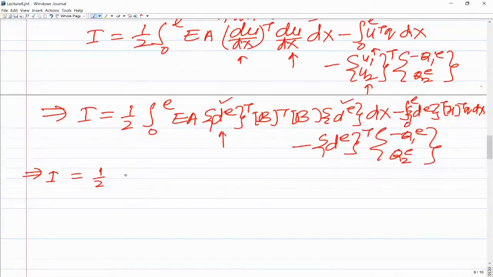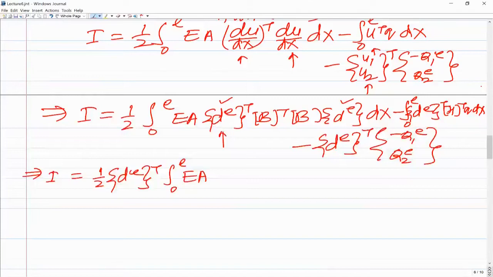So I can write half d transpose and then integral 0 to L. In general, E into A, the Young's modulus into cross-sectional area, could also be a function of x. Suppose, for example, you consider a torpedo and idealize it using truss elements; the cross-section of the torpedo is going to vary along the length. Then EA would be a function of x.